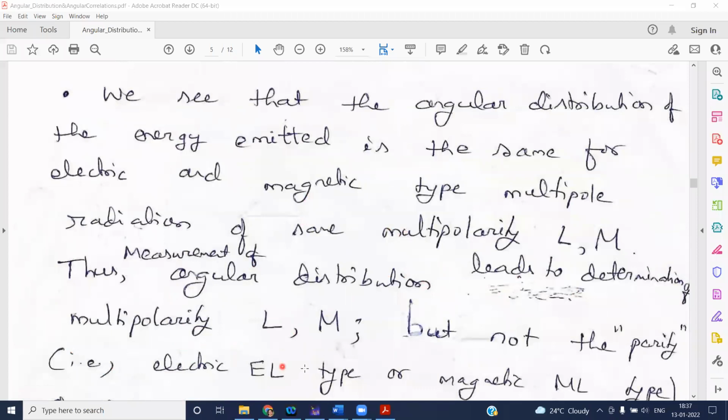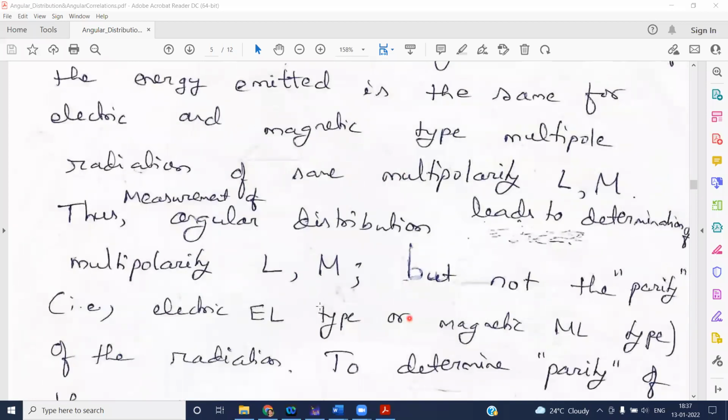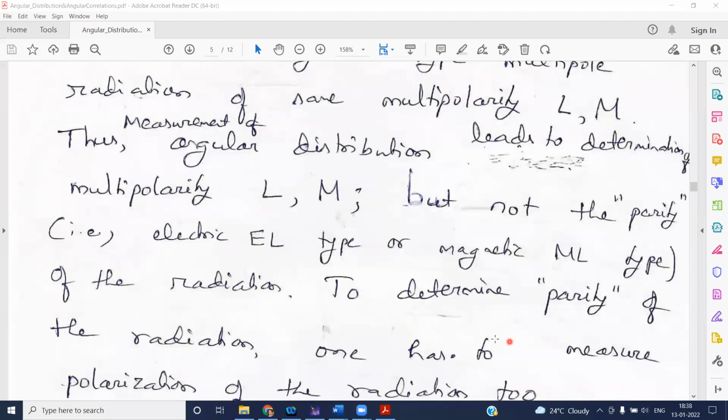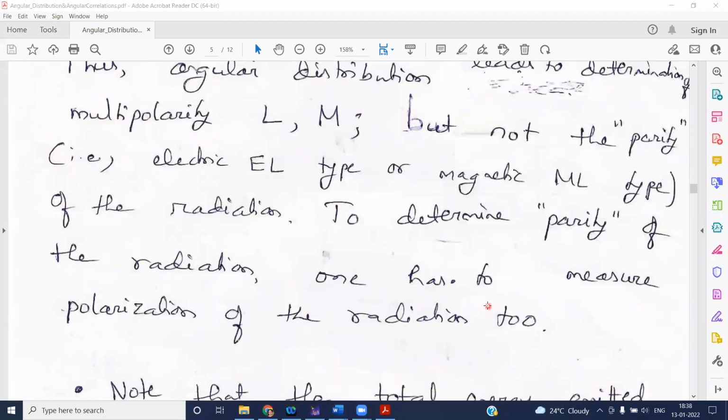That is, what is the L value, M value, but it does not give you whether it is electric type or magnetic type. This is what I emphasized. So in order to determine parity, or whether the radiation is electric type or magnetic type, we need to measure the polarization of the radiation also. This is what I told you in the last class.